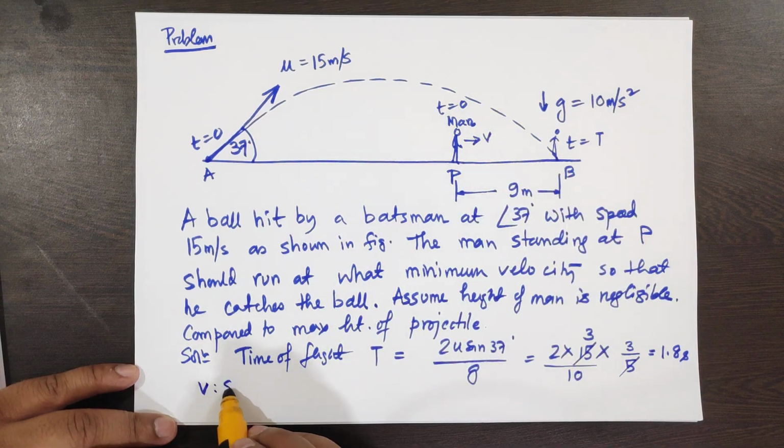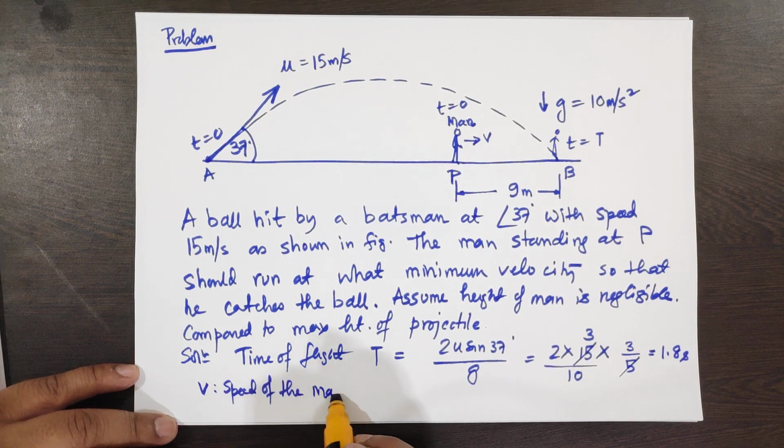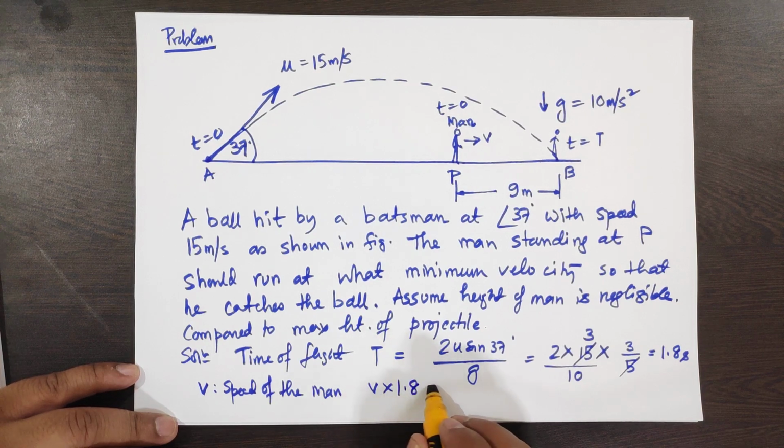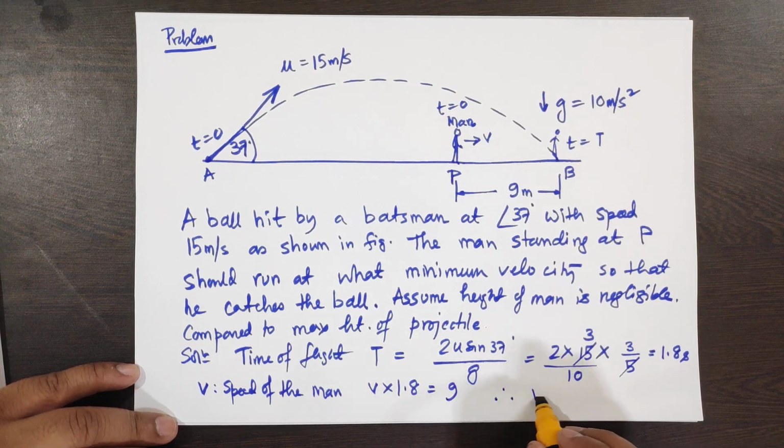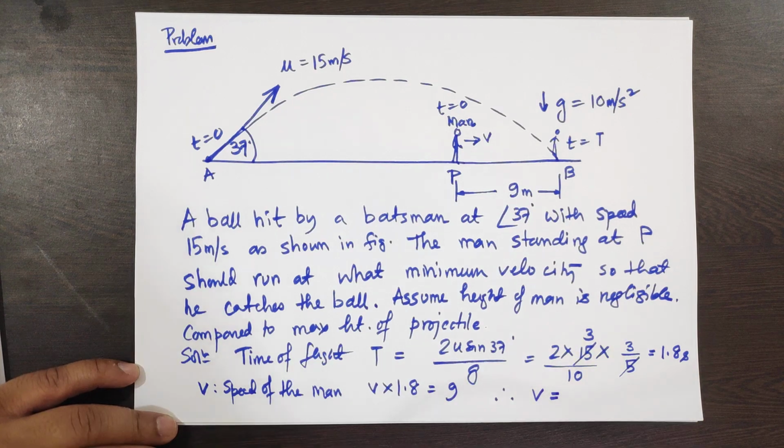So v is the speed of the man. Then obviously v multiplied by 1.8 will give you 9. Therefore v equals 9 divided by 1.8.